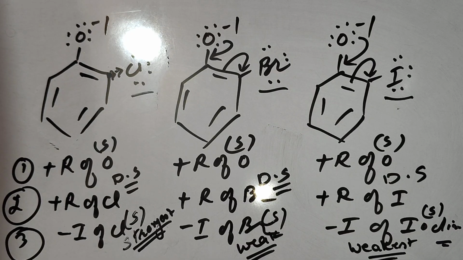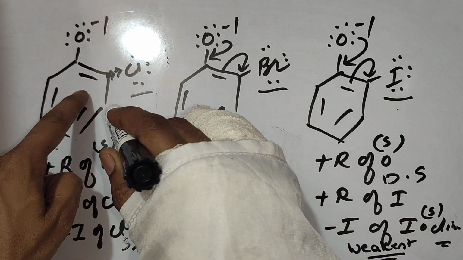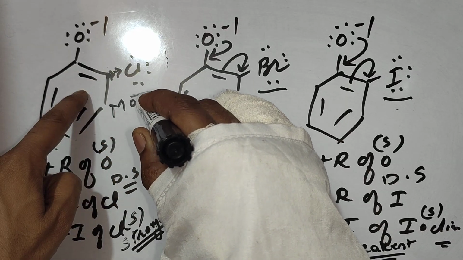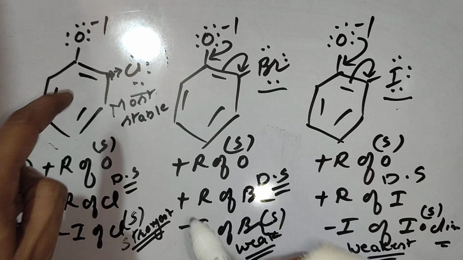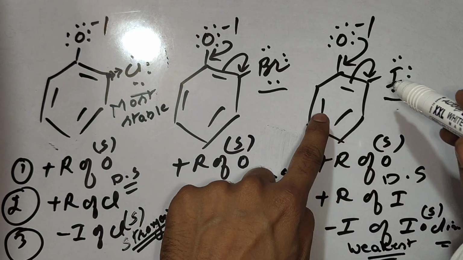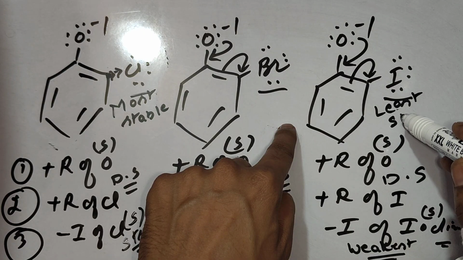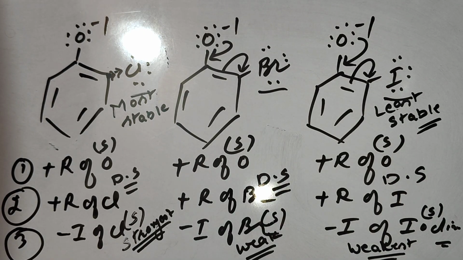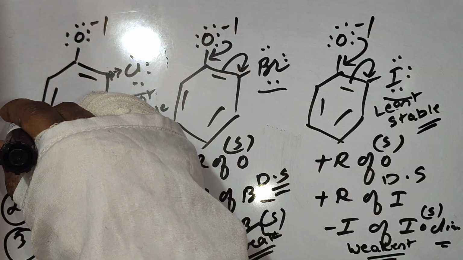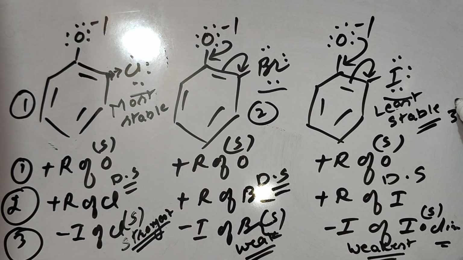Okay. So which will be the most stable anion? This one. This is most stable. And which will be the least stable anion? This one. This is least stable. That's it. This is first. This is second. This is third.